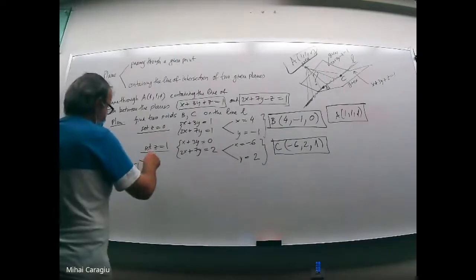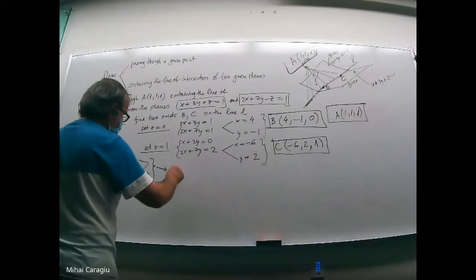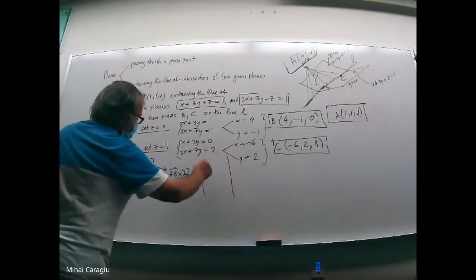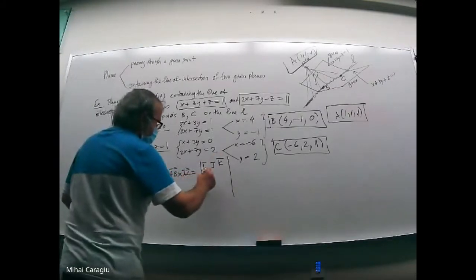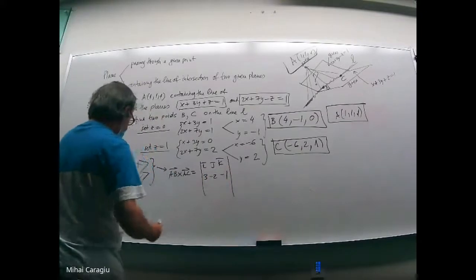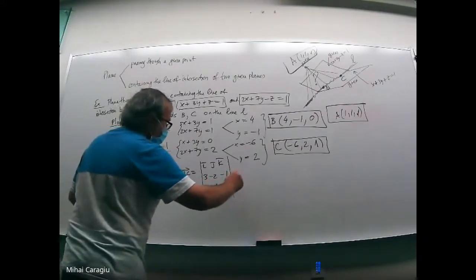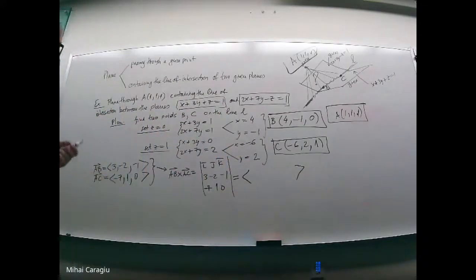So to find a normal vector, we get AB cross AC. And what will this be? We write the determinant with i, j, k, then (3, -2, -1), then (-7, 1, 0). We have to write it down in this format. So we'll get the component of i will be 1.